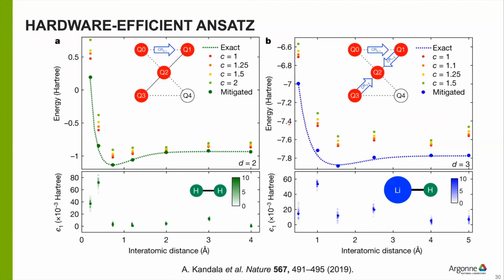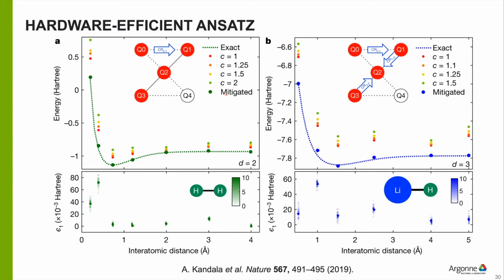However, they did do some simulations on hardware because they don't have that many CNOT gates. And this was done on IBM devices. These are potential energy surfaces of the molecules H2 and lithium hydride. And essentially, these dashed lines are the exact solutions for the energies.